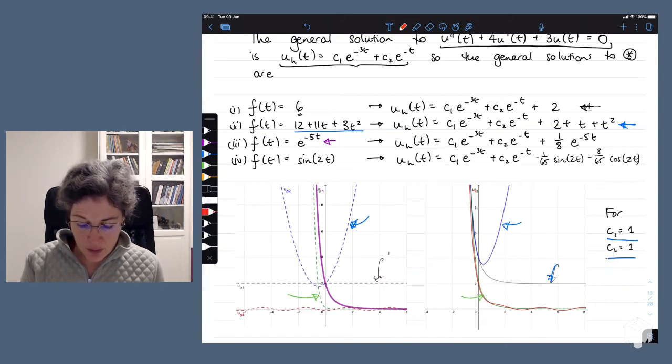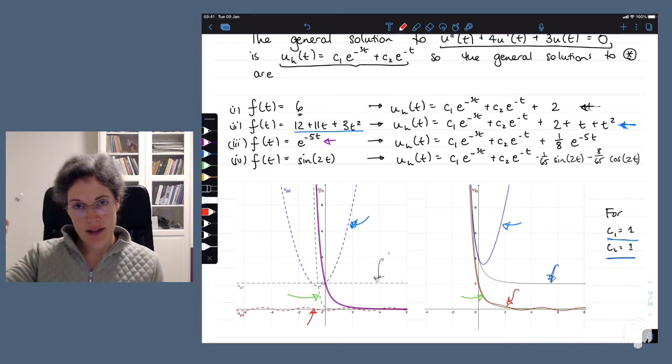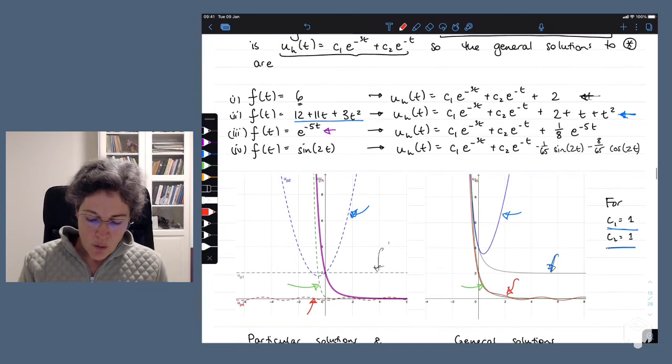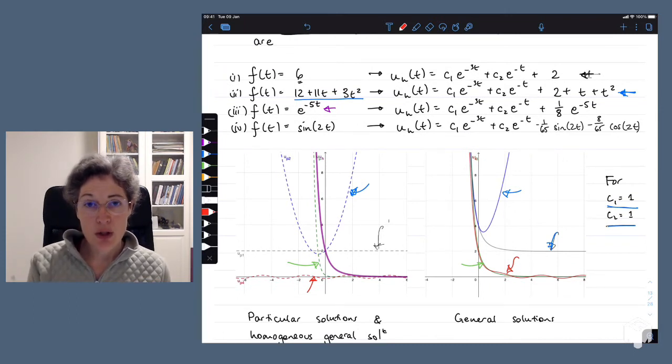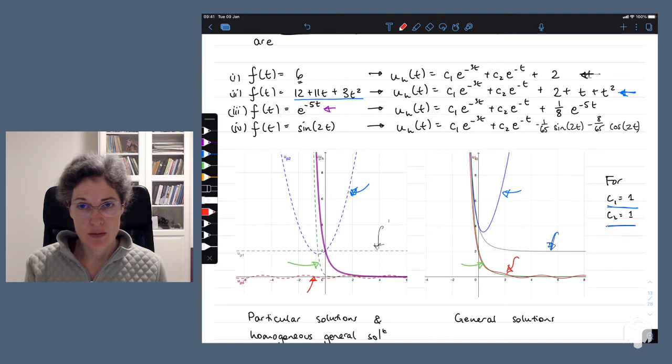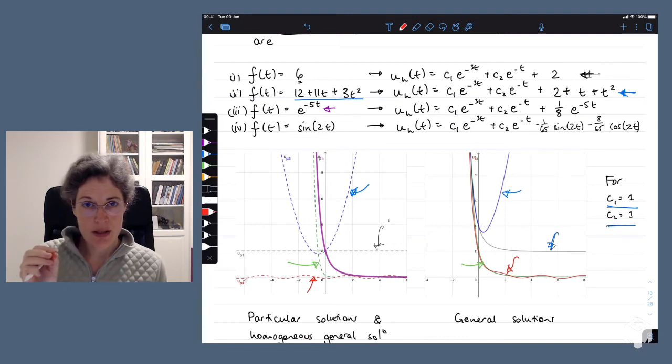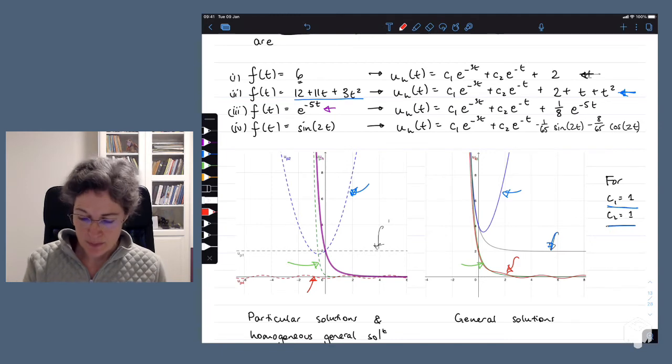And finally, if our driving function is a sinusoid, then you end up with a solution that looks like a decaying exponential with a sinusoid on it. What you want to take away from these pictures is that the way that your solution looks depends hugely on your driving function. So obviously the kind of force that you're applying to the system is going to have a big effect on how its motion is going to change.